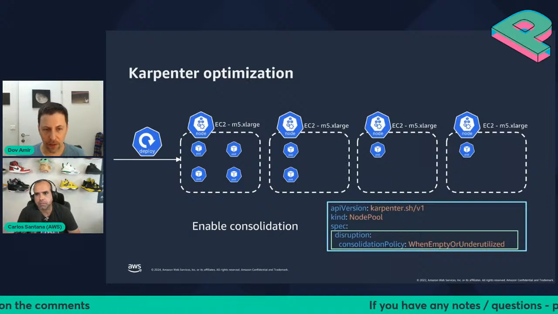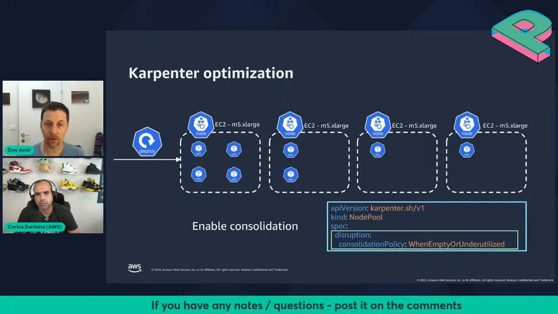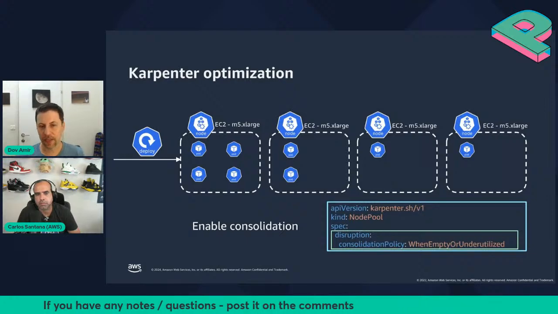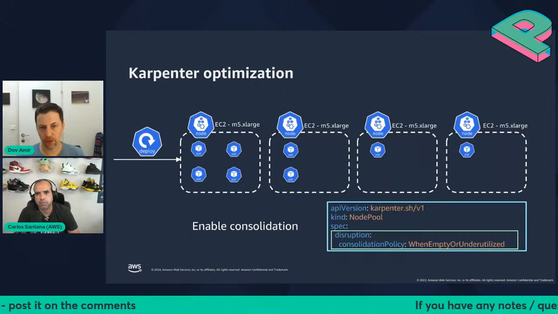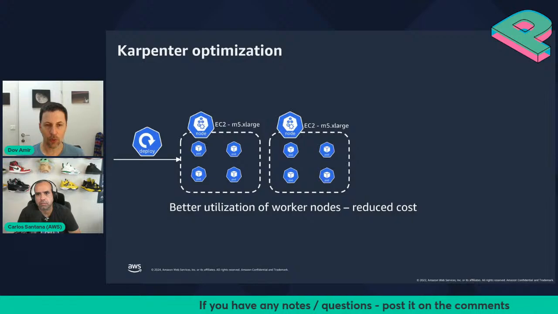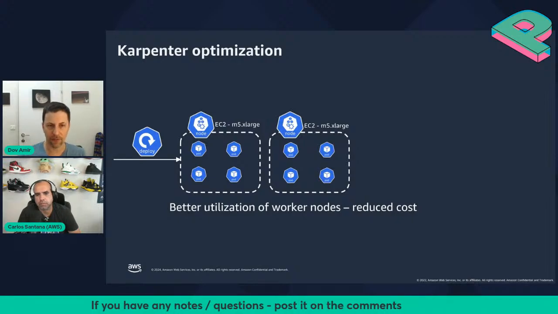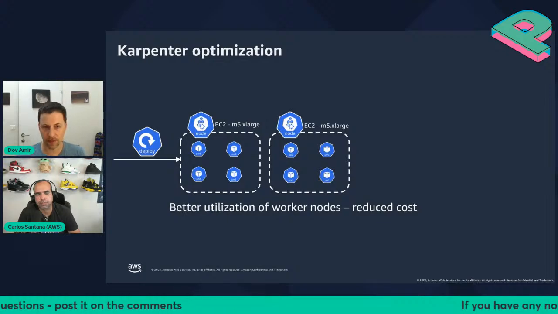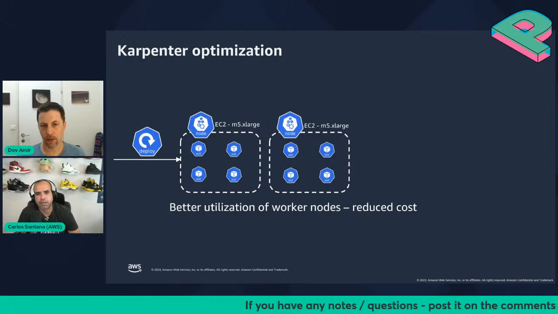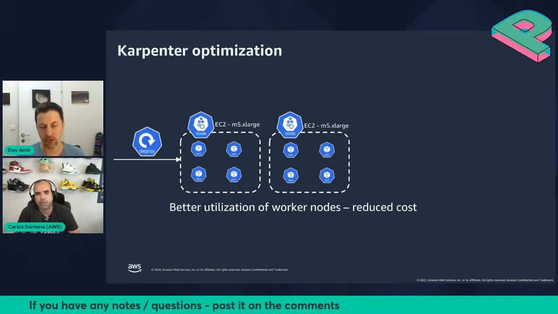If we define the consolidation feature, when empty or underutilized, consolidate, Karpenter will detect these underutilized instances. It will see, hey, I can move the 2 pods on the right to the second instance because it also has free room. It will move the pods to the second instance until it's full, and then it will terminate the 2 instances that remained empty.